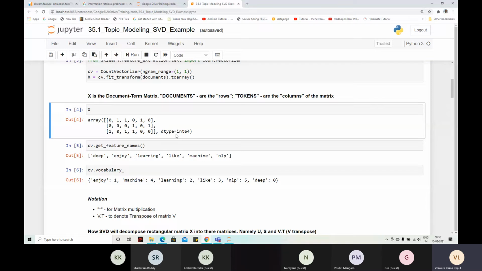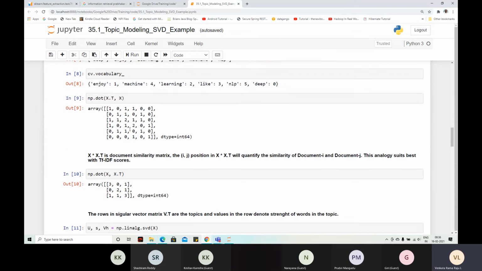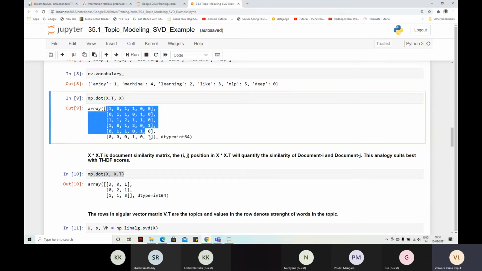If you calculate X transpose X, if two words are occurring together, there will be some score. If the two words are not occurring together, then there will be 0 score. X transpose is about document to document. So if you take X transpose X and apply eigenvalue decomposition, you will get the importance.